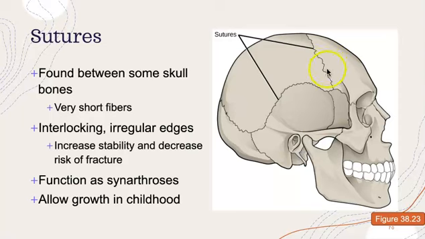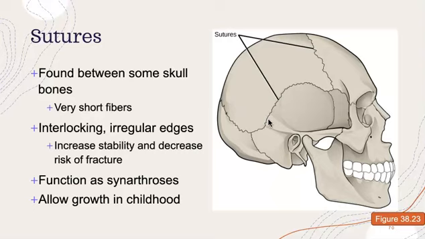First we have our sutures, and we find a lot of these within the skull here. We will have short fibers that connect these interdigitations of bone, or interlocking irregular edges of bone, to pull them together. This increases stability and also decreases our risk for fractures. They function as synarthroses, meaning that they are immobile.